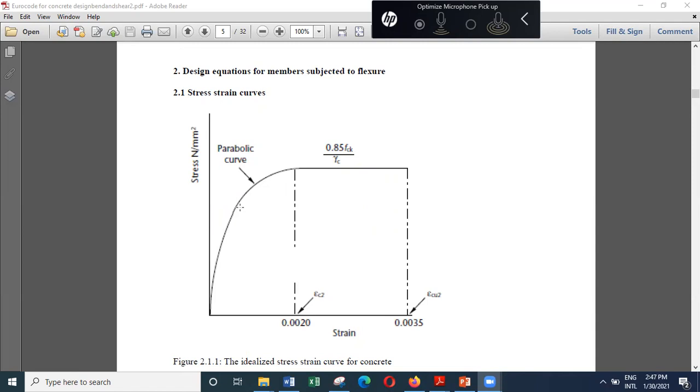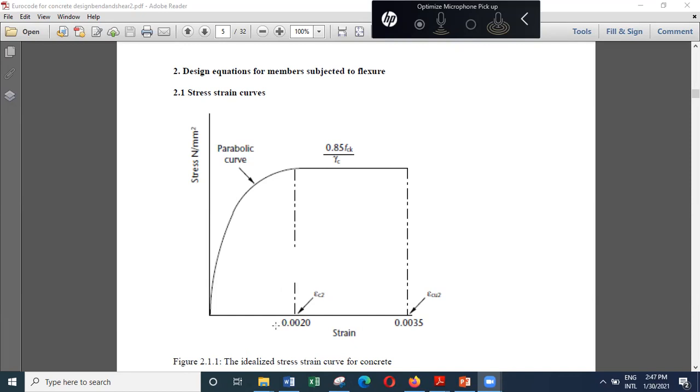And as the stresses get higher, you will find the strains are going to be increasing. Even for a smaller stress increase, there can be a significant increase in the strain. And when the strain is 0.002, there will not be an increase in load thereafter.